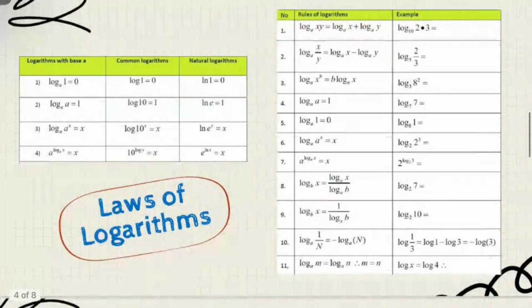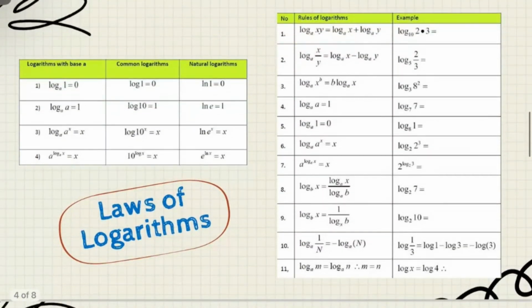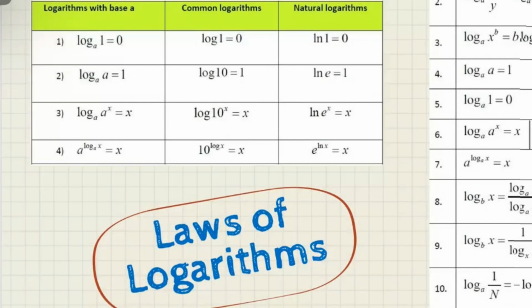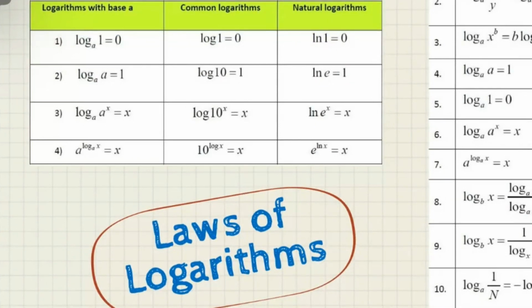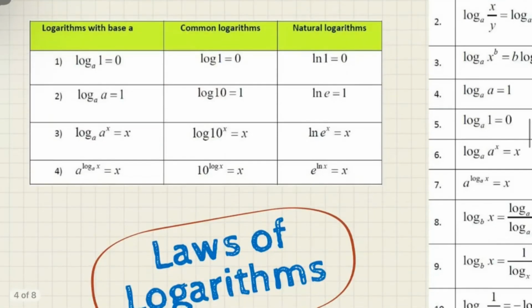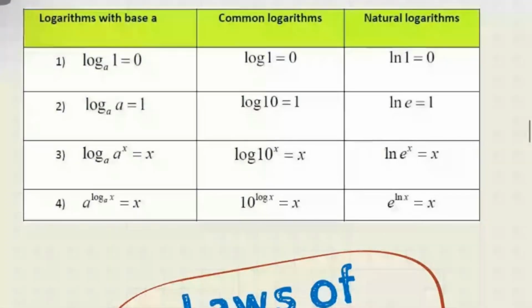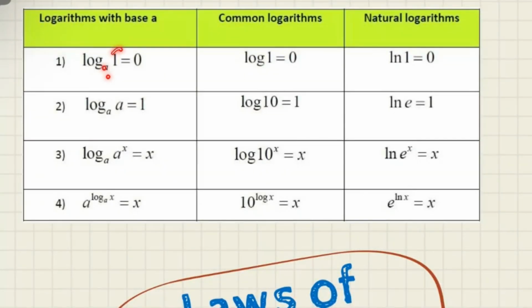Okay, now let's recap a bit about the rules of logarithms ataupun laws of logarithms. Okay, so yang pertama, kita ada log with base A. So any log with base A, 1 akan sama dengan kosong.